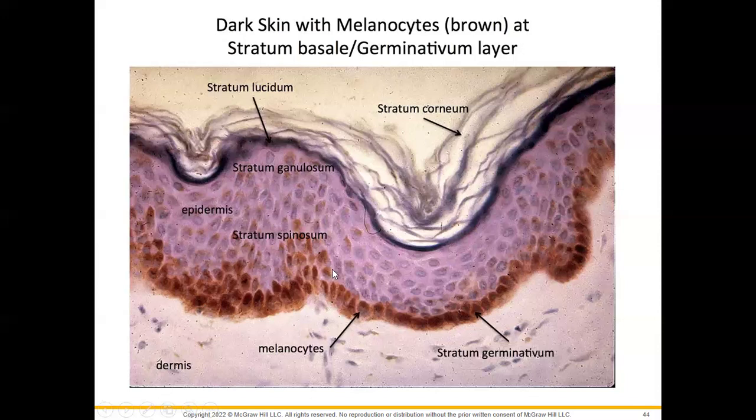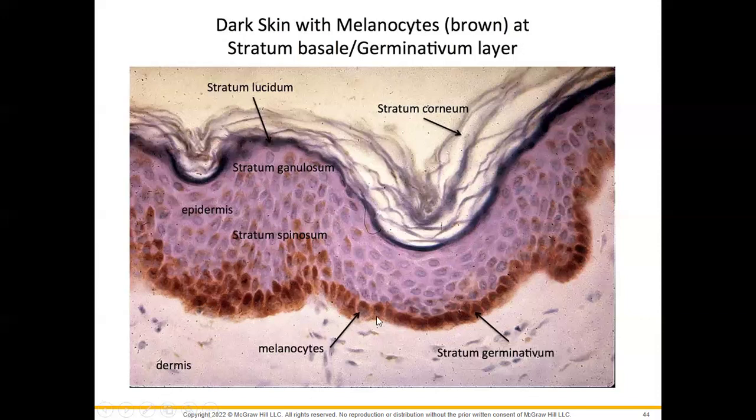Superficial to that, you have your stratum spinosum. Superficial to that, you have your stratum granulosum. Here you have stratum lucidum. This is where stratum lucidum will be if this is thick skin, which this is not.